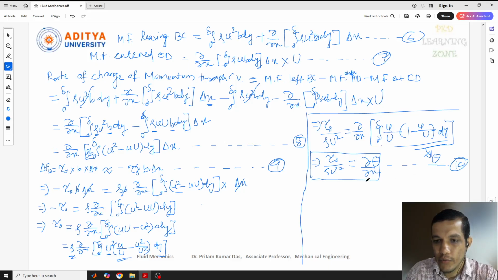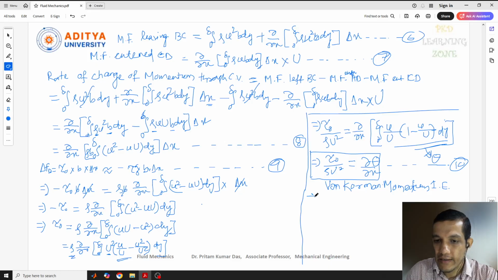This equation is also called the von Karman momentum integral equation. It can be applied to boundary layer flows.